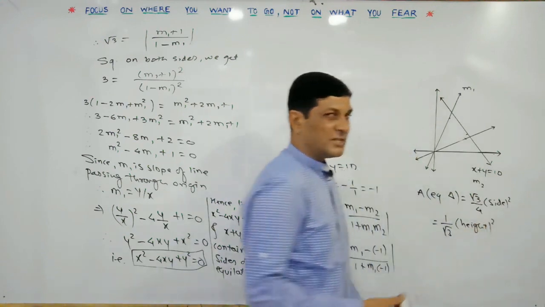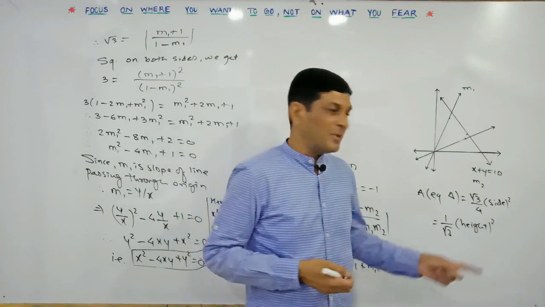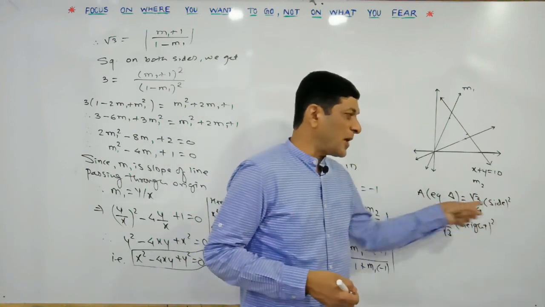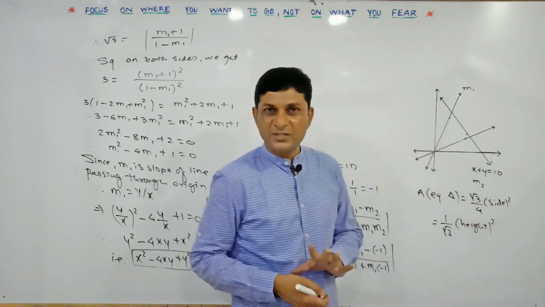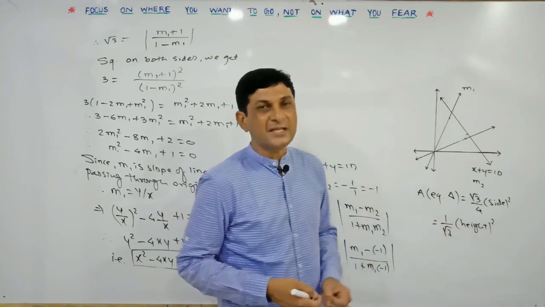These are two formulas applicable to find the area of an equilateral triangle. If we are able to find the side, we can apply the first formula, and if we are able to find the height, then the second formula is applicable.